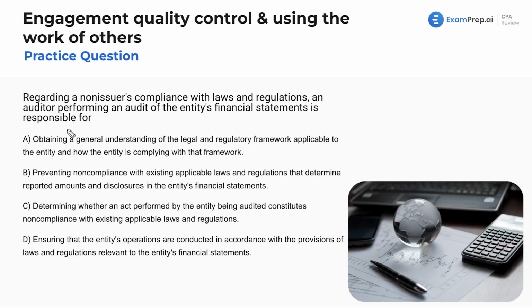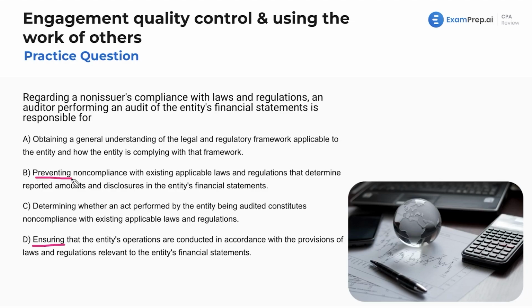Now, what I want to point out in this question, there are a lot of verbs that I am not particularly fond of. For example, just gazing through, I see ensuring and preventing. Those are pretty definitive actions.